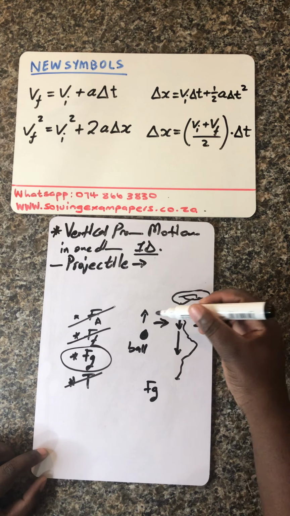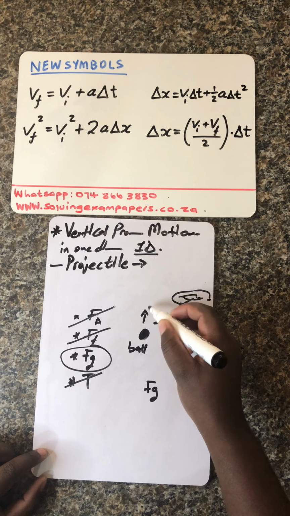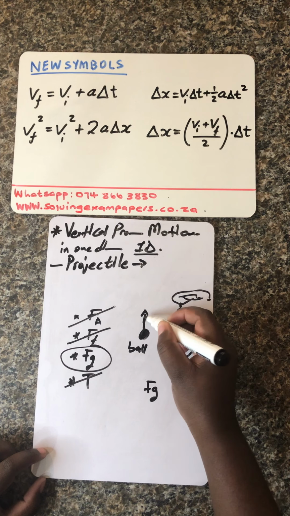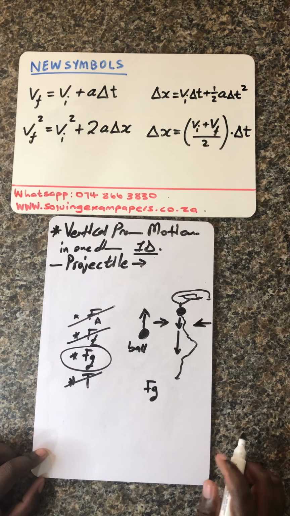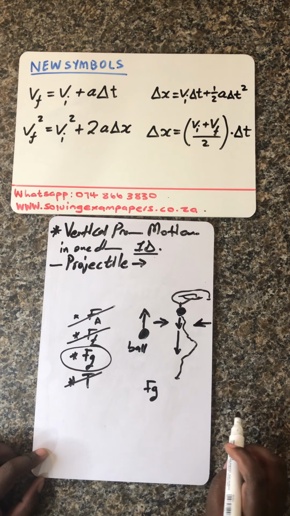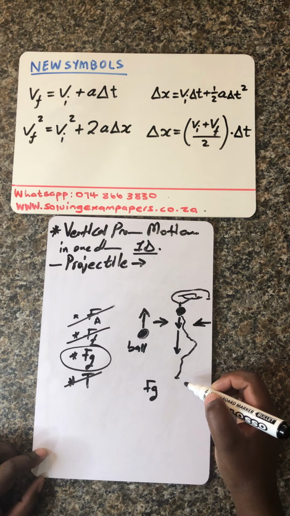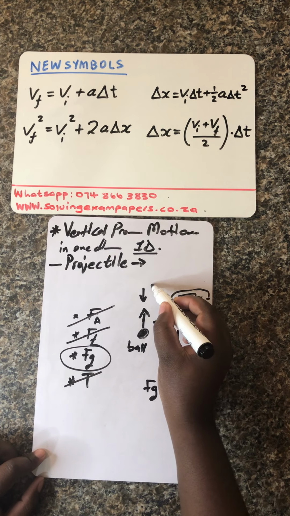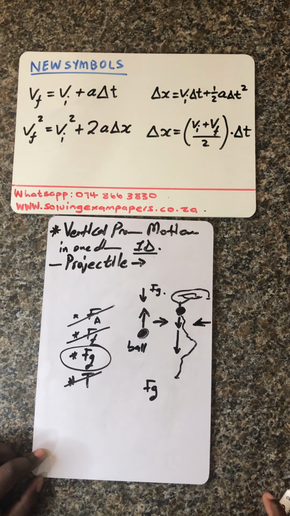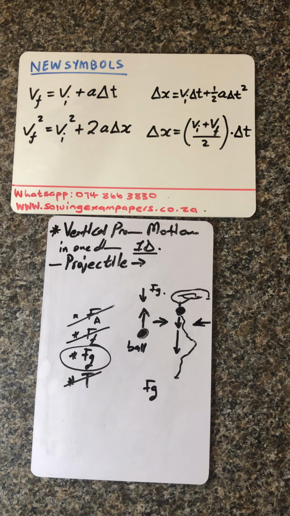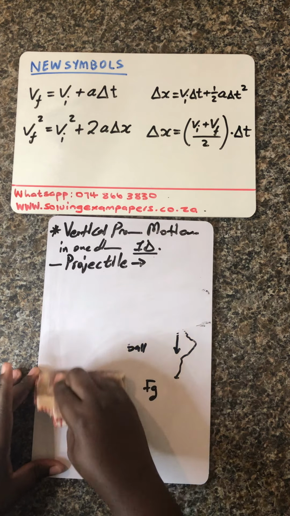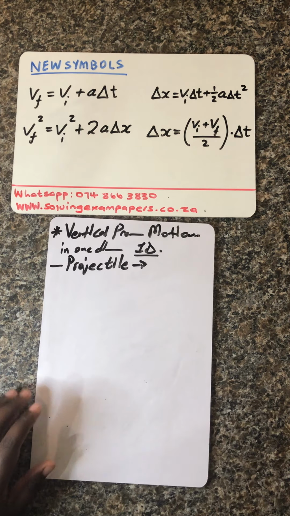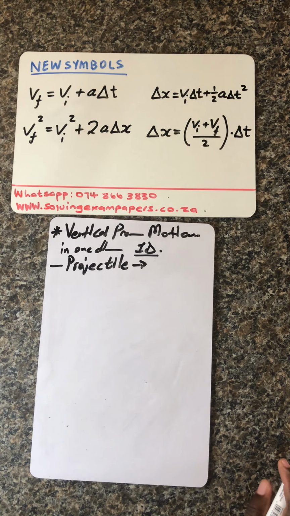So obviously, that means for an object which is being projected vertically upwards or thrown vertically upwards, this object is experiencing a force, obviously, in the opposite direction, which is force of gravity, as a result of gravity, ladies and gentlemen. That's why we refer to that force as gravitational force. Okay, so I assume you do understand what is meant by projectile. Okay, very, very much important, ladies and gentlemen.